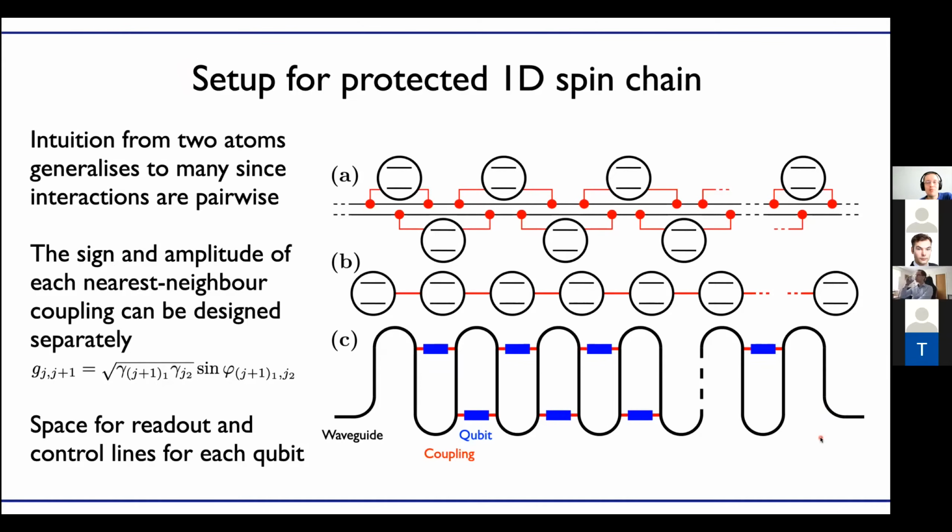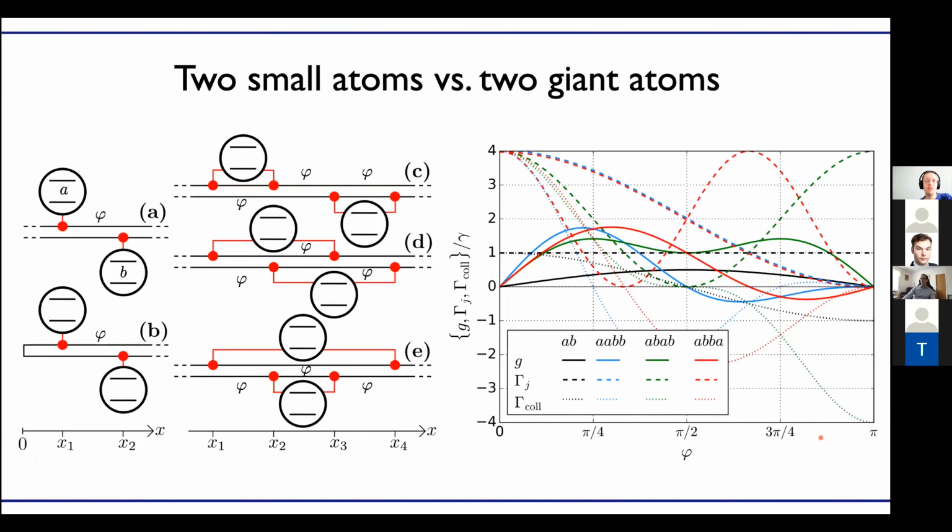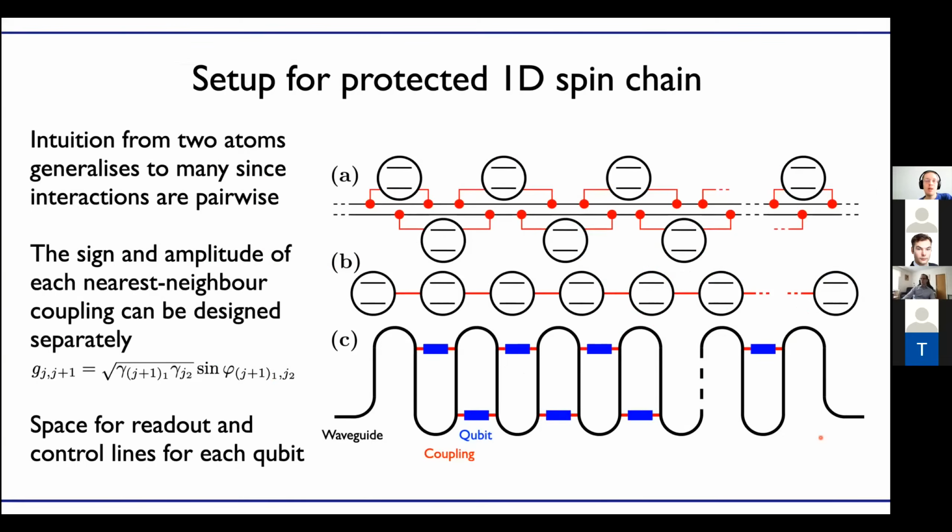So my intuition does not work here at all. For a pair of atoms, as you said, there are protected interactions for nearest neighbors. For second nearest neighbors, there are no protected interactions in this setup, yes.